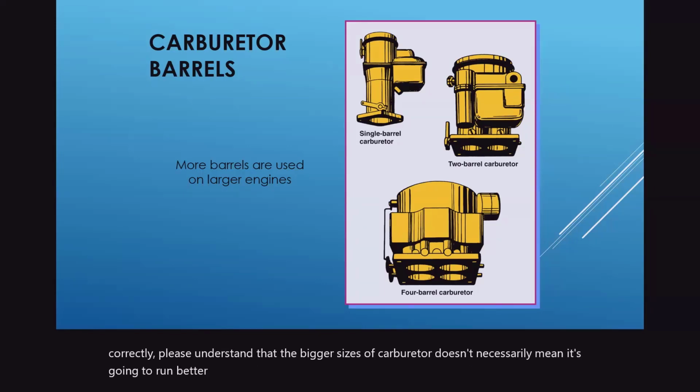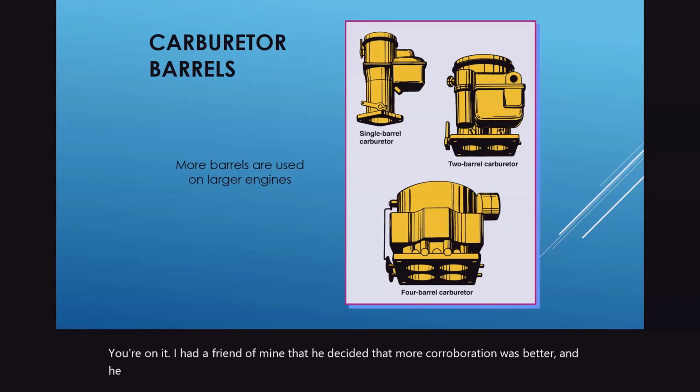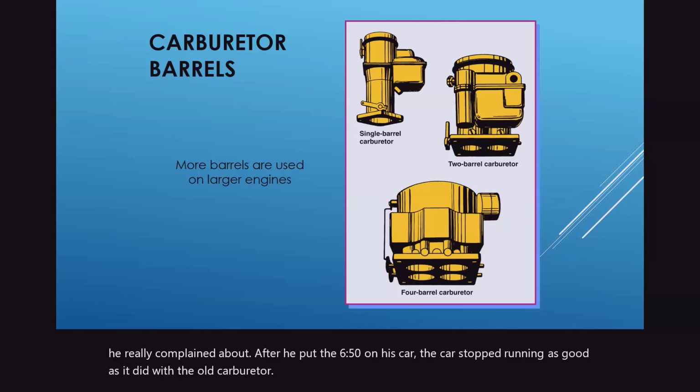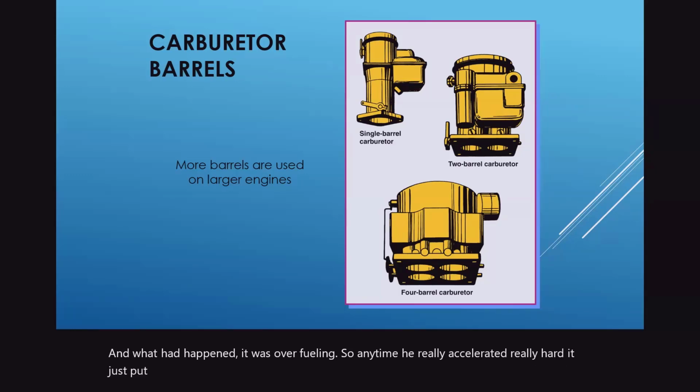I've cured a lot of drivability problems just by putting the right carburetor on it. I had a friend of mine who decided that more carburation was better, and he really complained about, after he put the 650 on his car, the car stopped running as good as it did with the old carburetor. And what had happened, it was overfueling. So anytime he really accelerated hard, it just put black smoke out of the tailpipe.